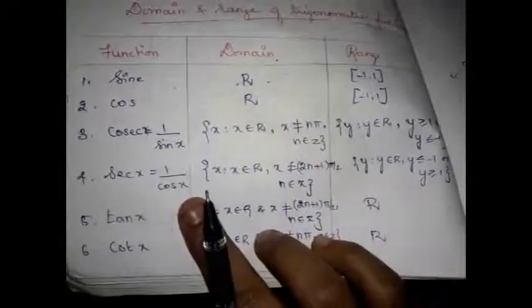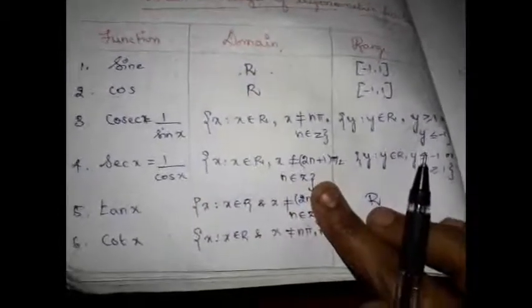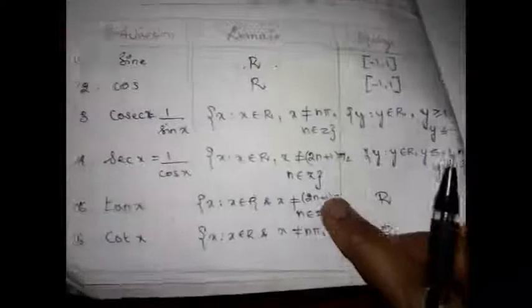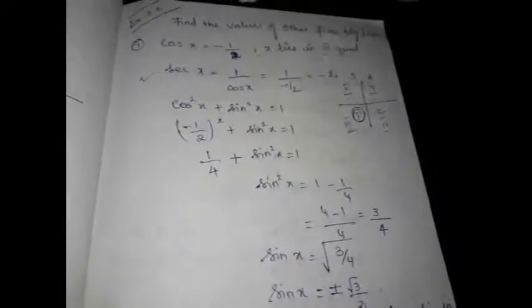Similarly for secant x, since cos x comes in the denominator, x should not be equal to an odd integral multiple of pi by 2. I have explained all these in detail in your previous classes. Then for tan x and cot x, we have seen the domain and range. Then we solved a few problems based on this, how to find the trigonometric ratios when a particular value is given, like in the last miscellaneous exercise.